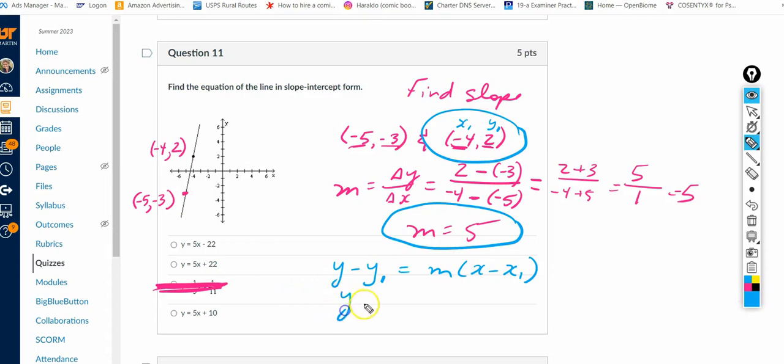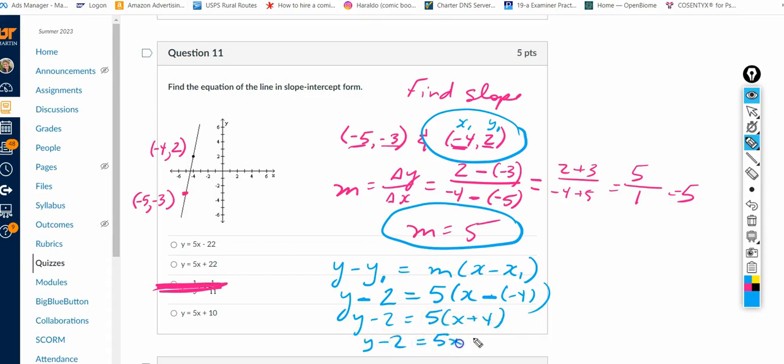So I'm going to have y minus y1, which is 2, is equal to the slope, which is 5, times x minus x1, and x1 is going to be negative 4. So I'm going to have 5 times x plus 4. So now I'm going to distribute the 5. And now to get this to match these forms, they have y by itself on the left-hand side.